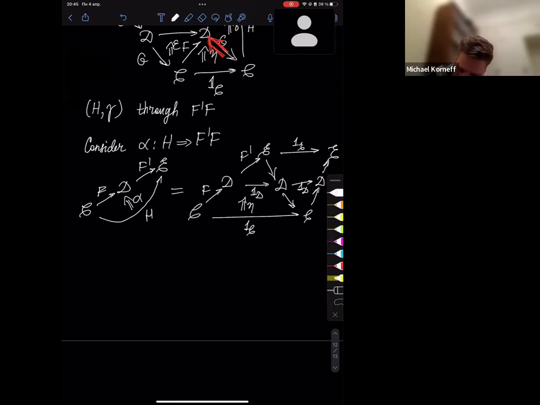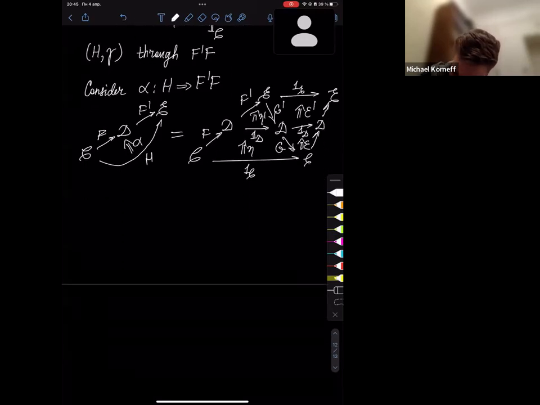I use the triangle identity and a similar technique. And also the natural transformation alpha.